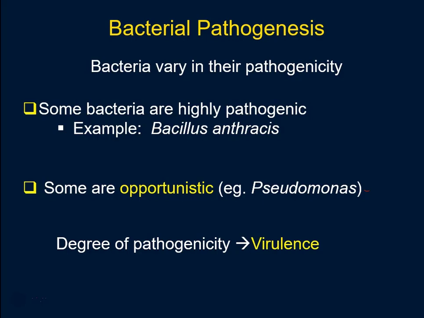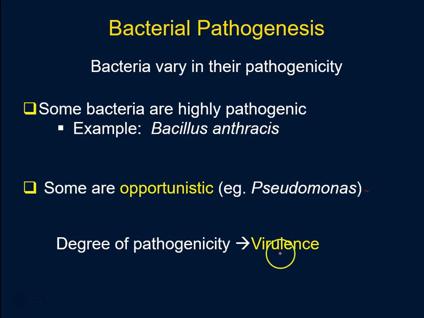So here's an example of an opportunistic strain, and we'll deal with a lot of opportunistic bacterial species as we talk about these disease-causing bacteria in this course. Now, what determines whether a bacteria is highly pathogenic or not so pathogenic?